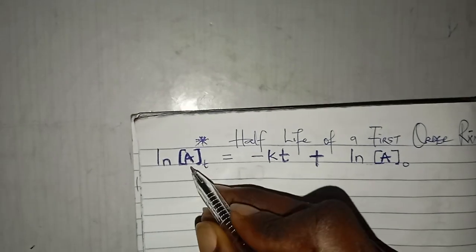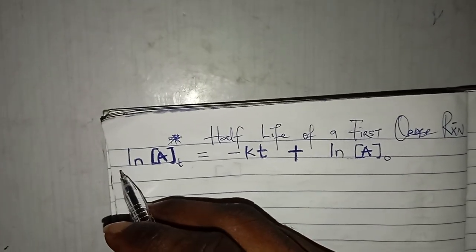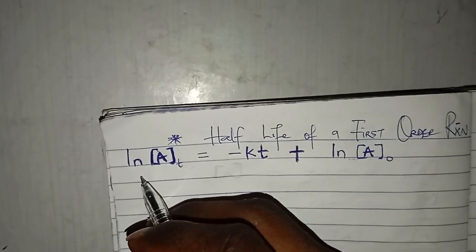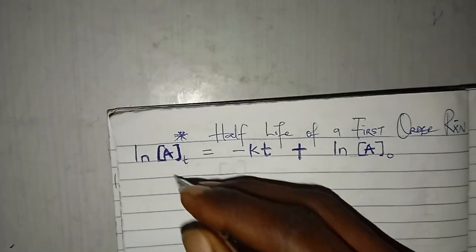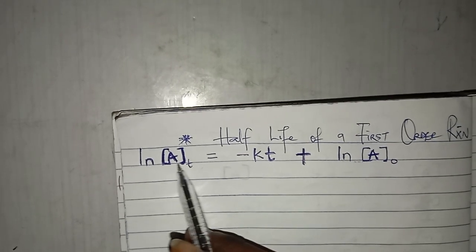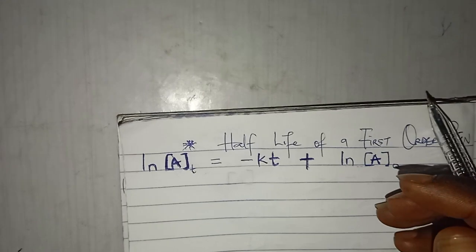And I told you that as reactions go on, the concentration tends to move from the initial concentration towards a point where it disappears. But when we now talk about half-life of a first order reaction, it simply means at what point did the initial concentration get to half.